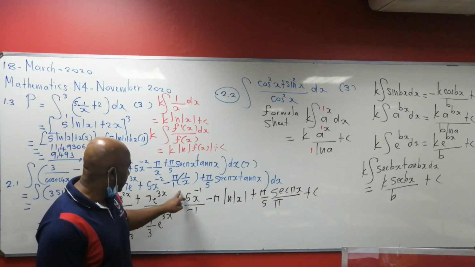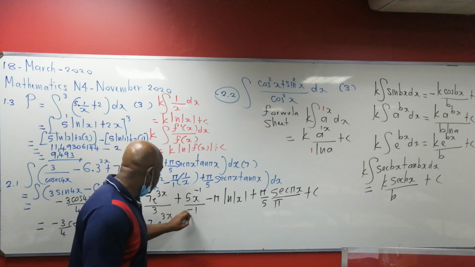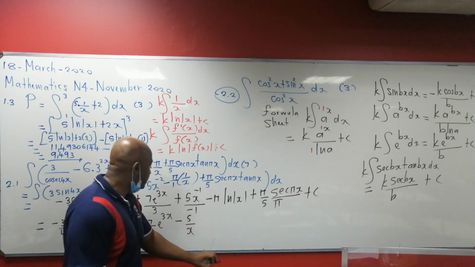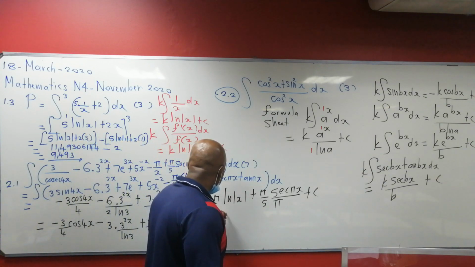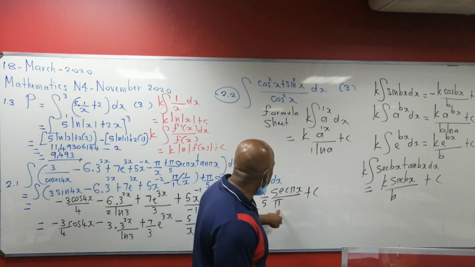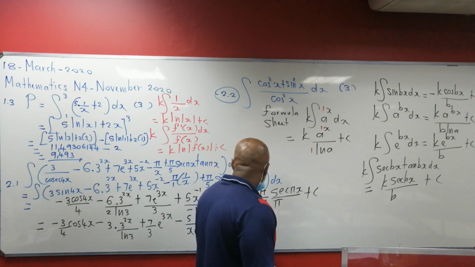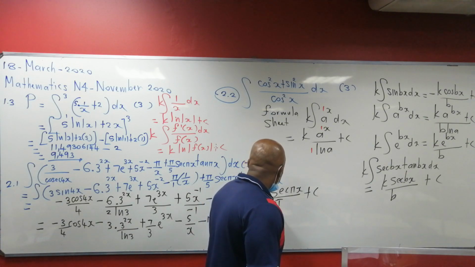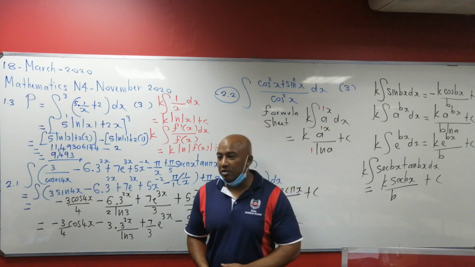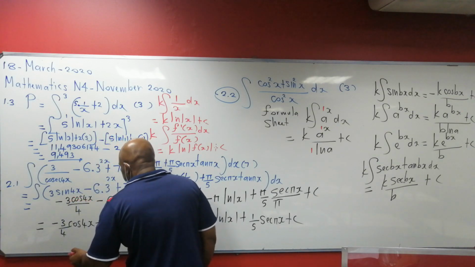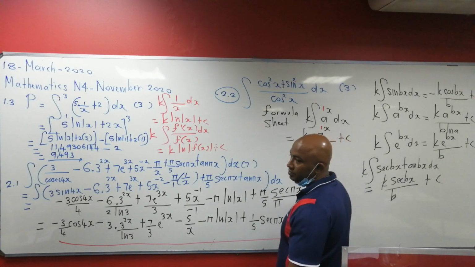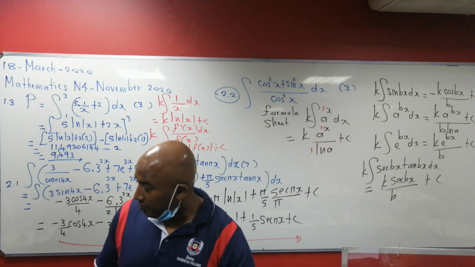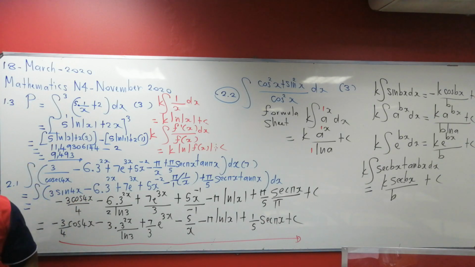Here, 5 divided by negative 1 is negative 5. X to the power minus 1 means you take x to the bottom. Here, minus pi ln absolute value of x. Pi and pi cancel. You end up with 1 over 5 sec pi x plus c, and that is your 7 marks for this one.